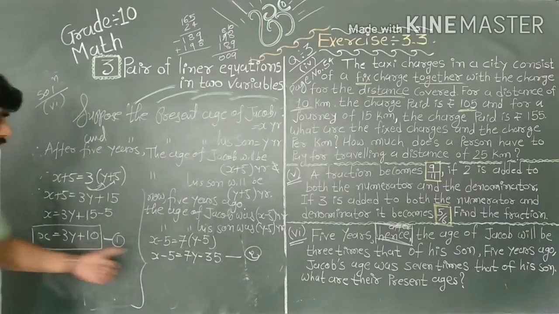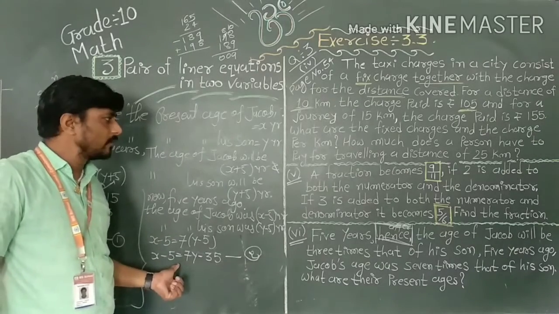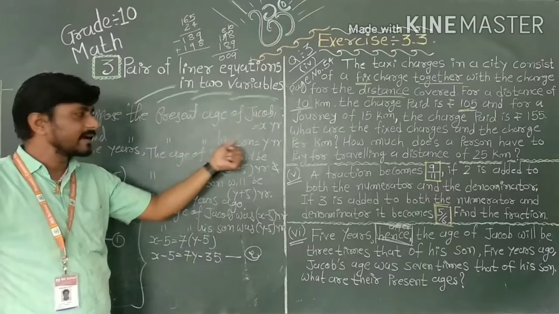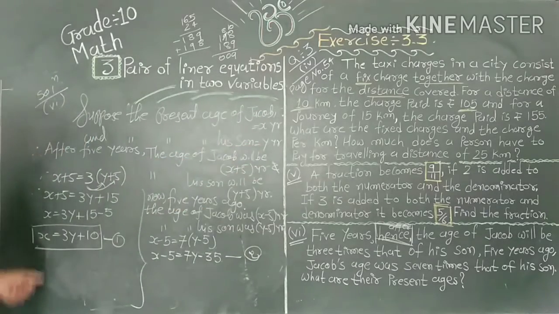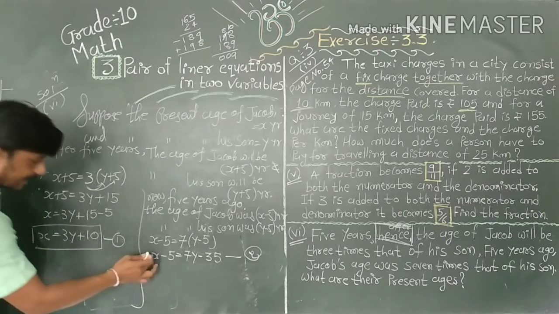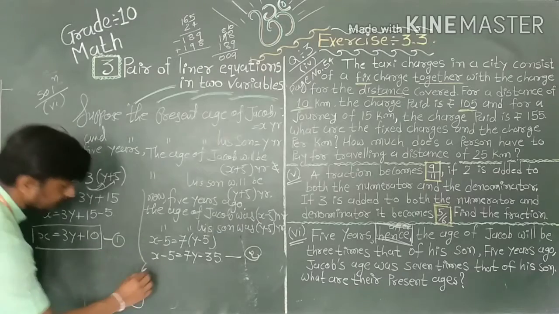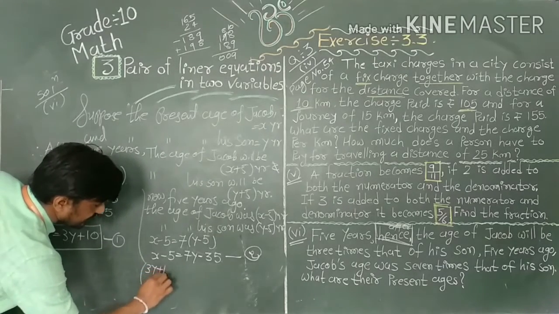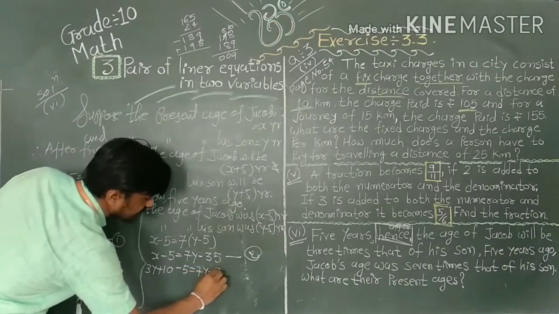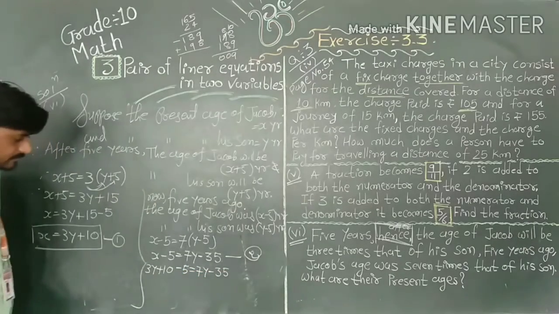Now we solve these two equations and get the value of x and y, which are the present ages of Jacob and his son. For that, I put x is equal to 3y plus 10 in this equation. Therefore, 3y plus 10 minus 5 is equal to 7y minus 35.